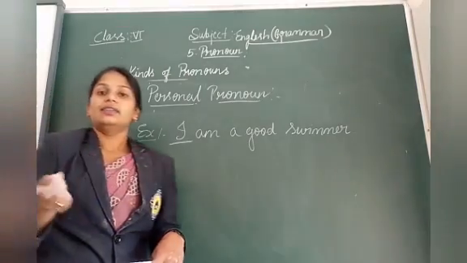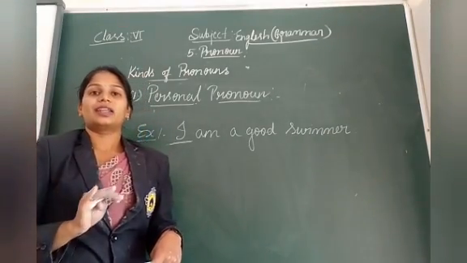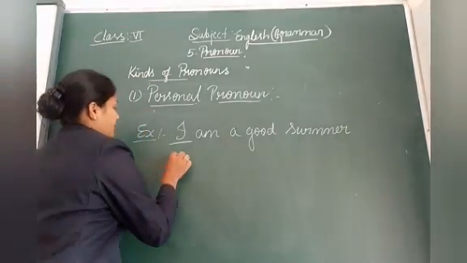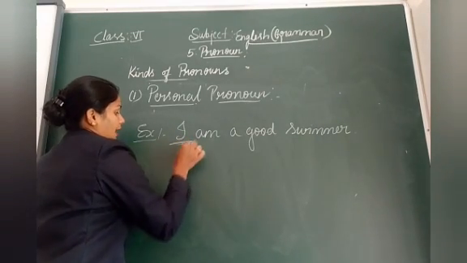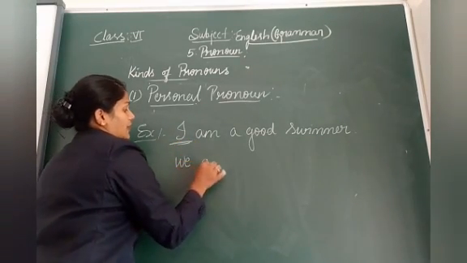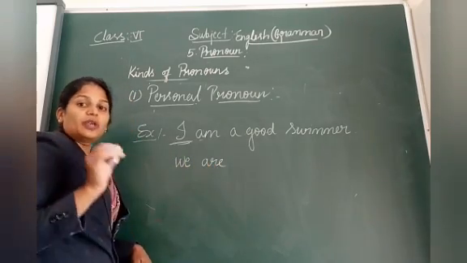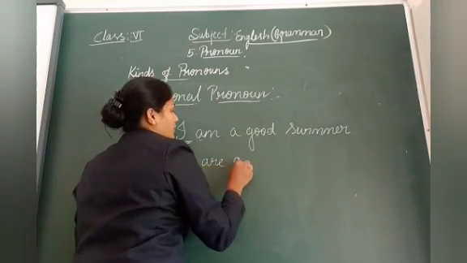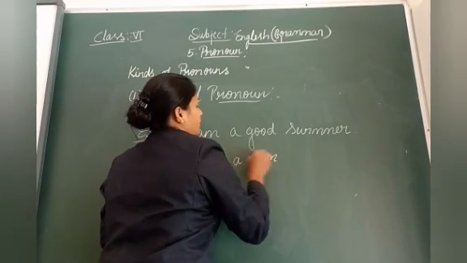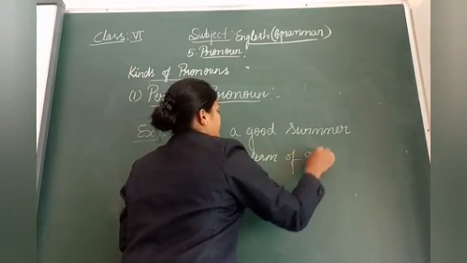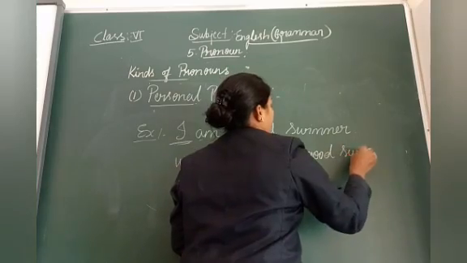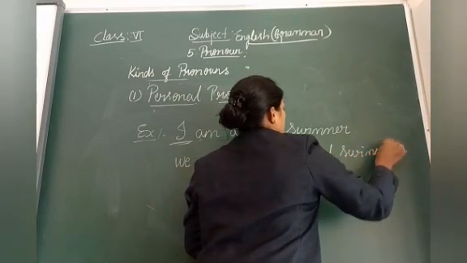Singular. And in the plural form, how do we say? We are a team of good swimmers. In the plural form, I goes to we. I am, we are. Okay.